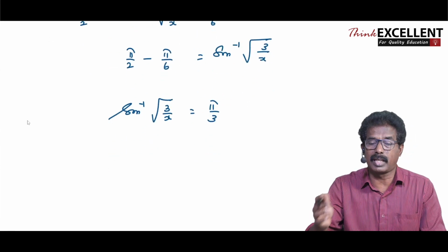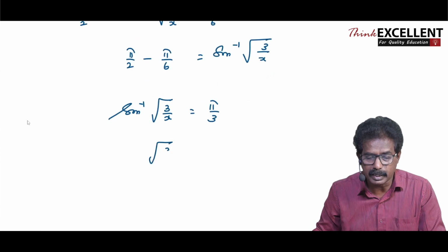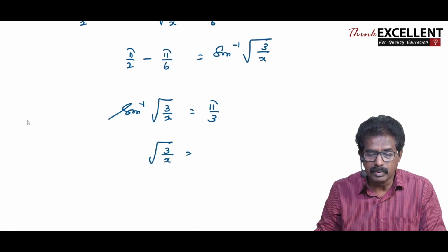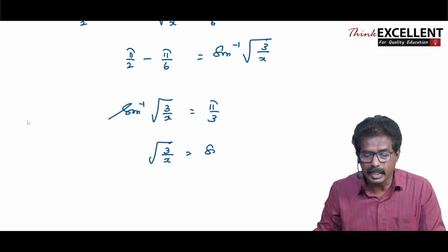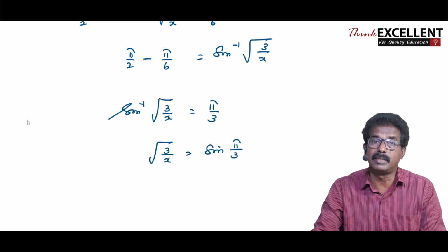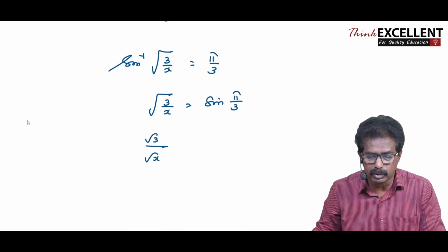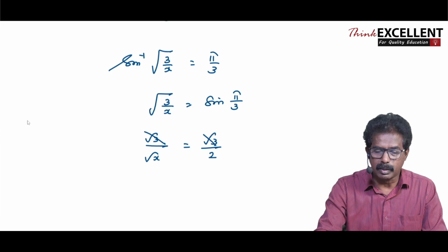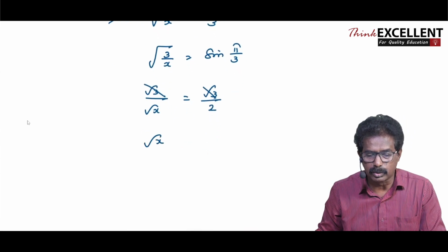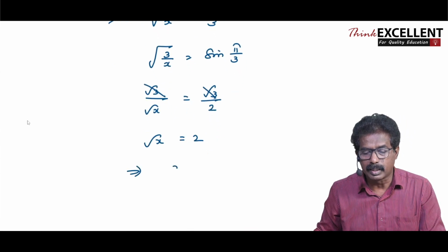Take sine inverse to the right side, so root 3 by x equals sine pi by 3. Sine 60 is root 3 by 2. So root 3 by root x, just split into 2, equals root 3 by 2, right? Root 3 cancels, cross multiply, you get root x equal to 2. When you square, you get x equal to 4.